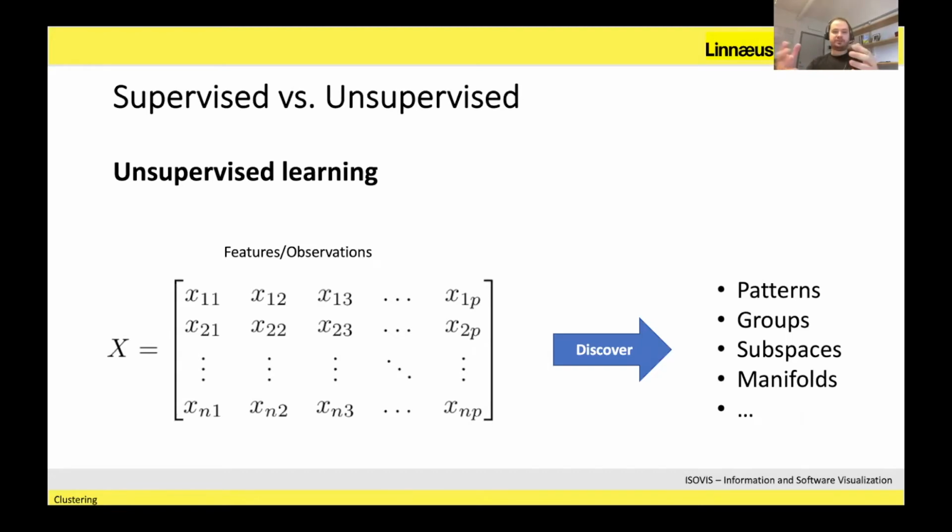So we say that with unsupervised learning, your goal is to train your model to discover patterns in your data set, groups. You may have very salient groups in your data set, even though you may not have a specific setting of classes. Like, I don't know what is class A, what's class B, or class C. I have no idea.